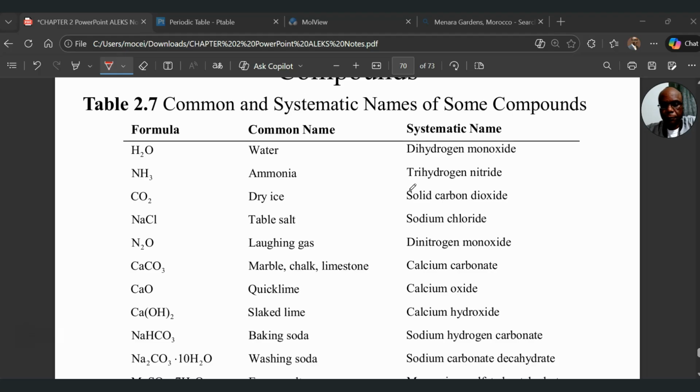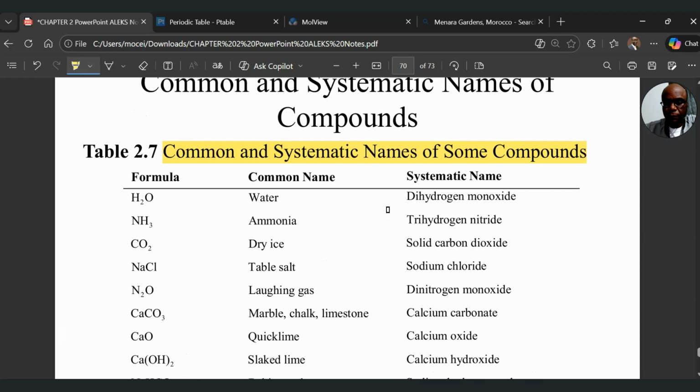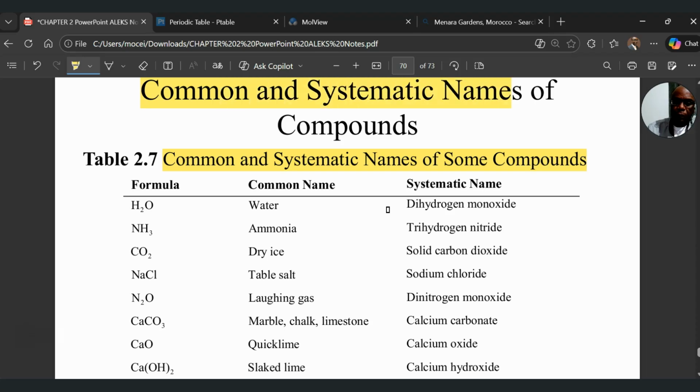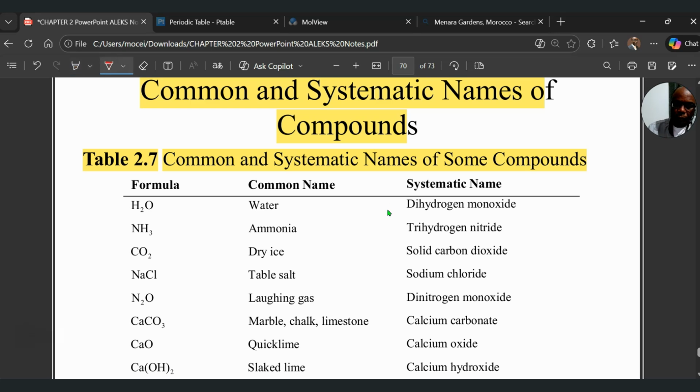Okay. So here are common and systematic names of some compounds. We are talking about common and systematic names of compounds, table 2.7. Now H2O, you'll know that is water, the molecular formula H2O.